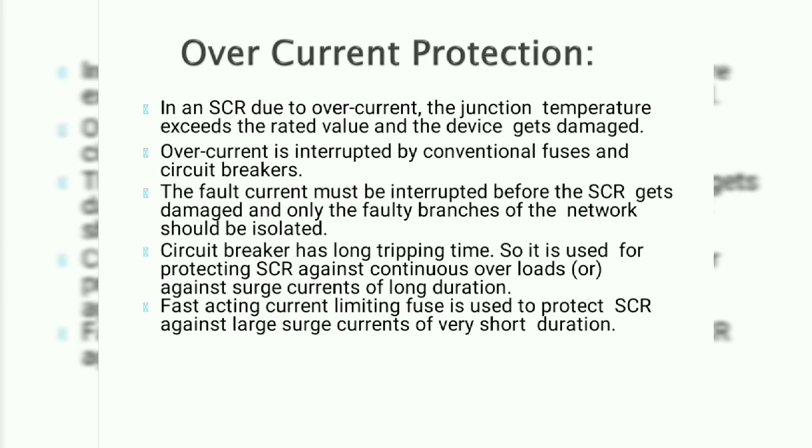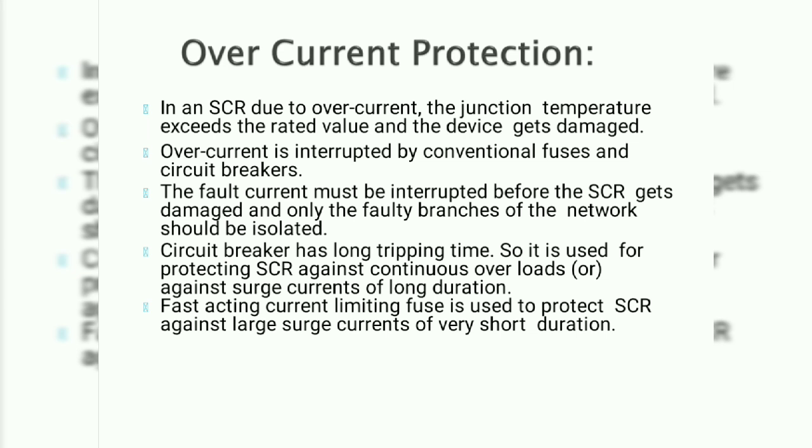In over current protection, if the current exceeds the rated value, the device gets damaged. The overcurrent is interrupted by conventional fuses and circuit breakers only.